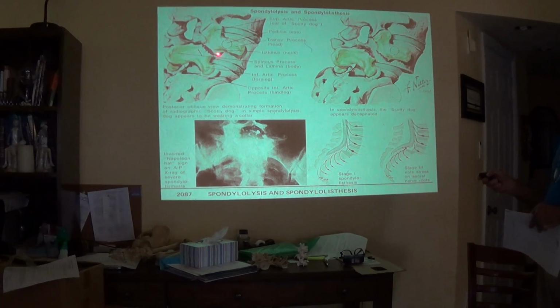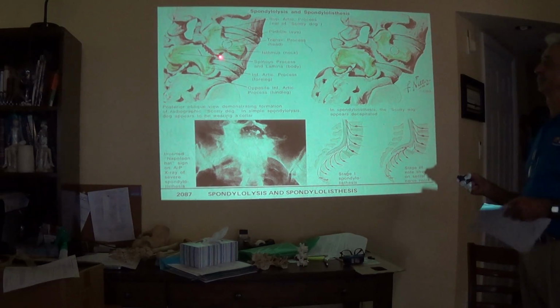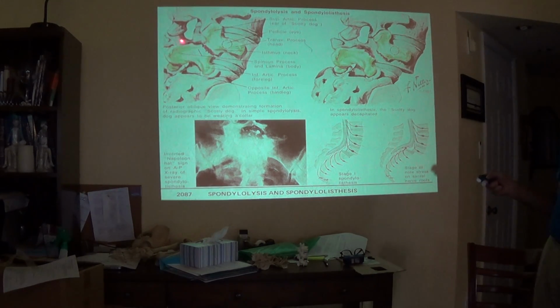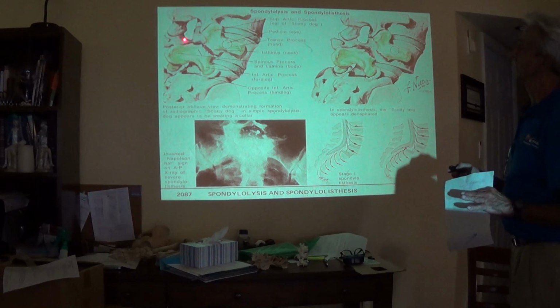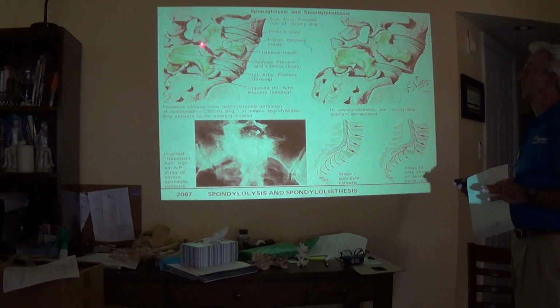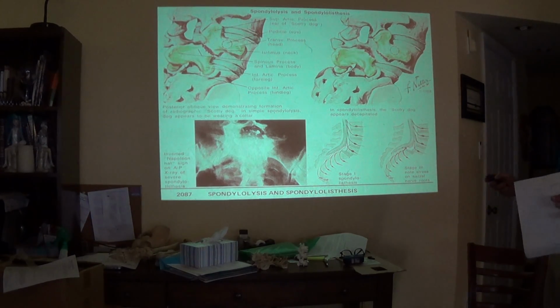Many times when the individual is in the 12 to 15 age group, they will develop spondylolysis. However, there are documented cases of spondylolysis developing from severe trauma.